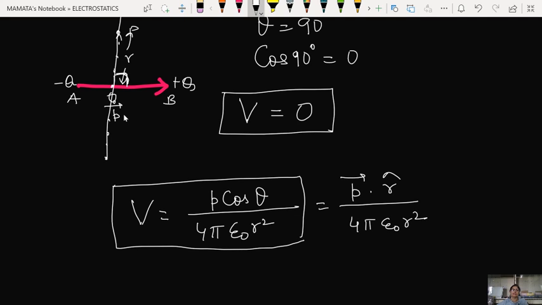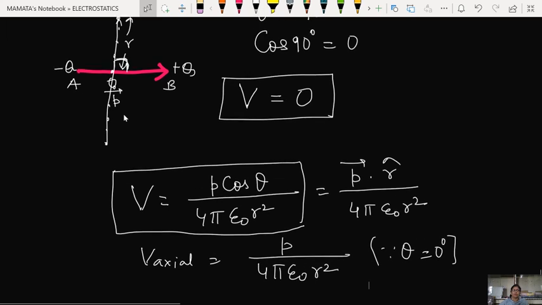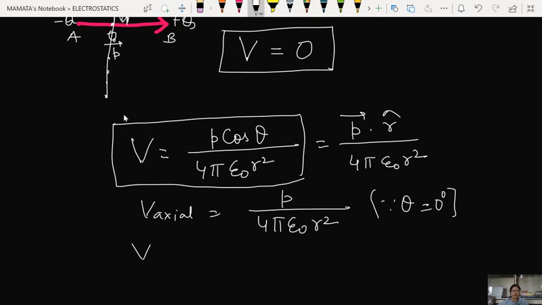The potential at the axial position, since theta is 0 degree, becomes P upon 4 pi epsilon naught r square. The potential at the equatorial position is 0, since theta is equal to 90 degree. So this is the summary of the chapter.